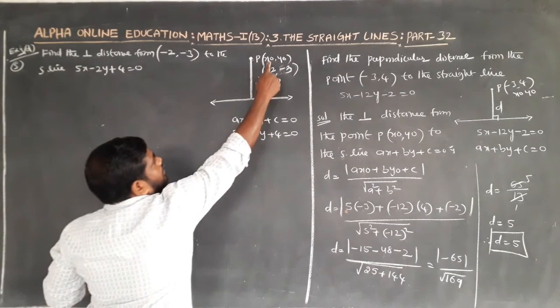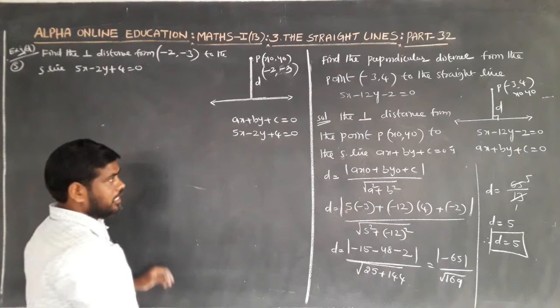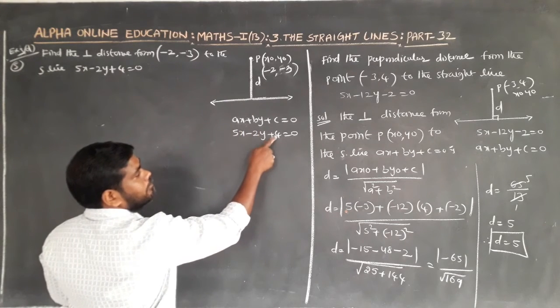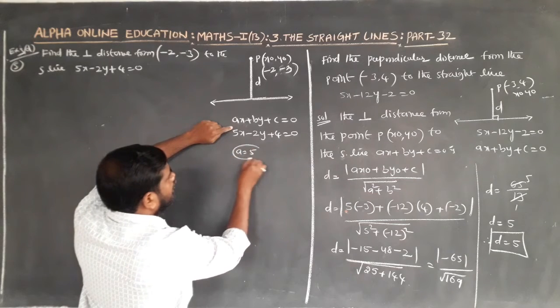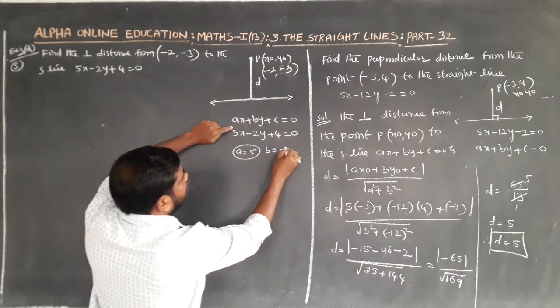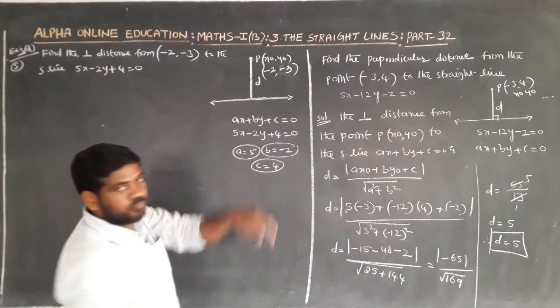Here x naught, y naught is equal to minus 2, minus 3. Line ax plus by plus c equal to 0 means a is equal to 5, b is equal to minus 2, c is equal to 4.